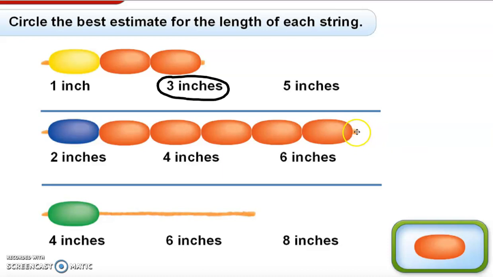Yes, you can still see a little bit on the ends there, but we're just estimating, and we're going to use the word about, right? Let's now count how many beads we use to cover that string. We have 1, 2, 3, 4, 5, and 6. So our best option here is that the string is about 6 inches long.